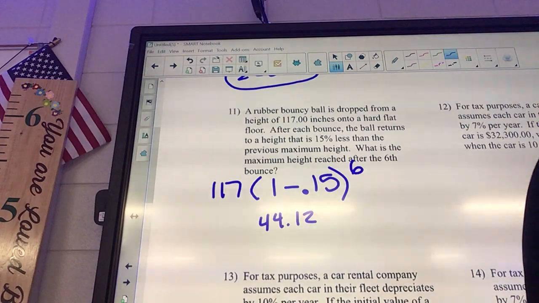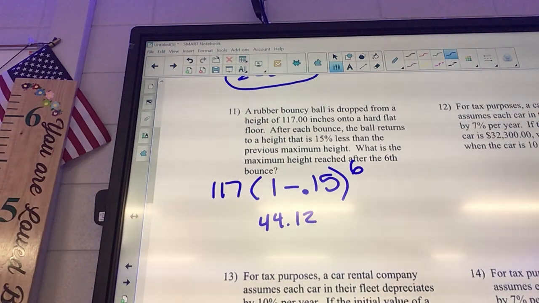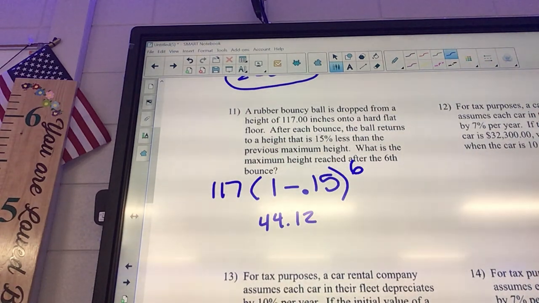Okay, 44.12. Does that make sense? Yes. 44.12 what? Inches. It's a measurable amount, which means we should have the decimal. So instead of it starting way up here, after 6 bounces, it's only 44.12.